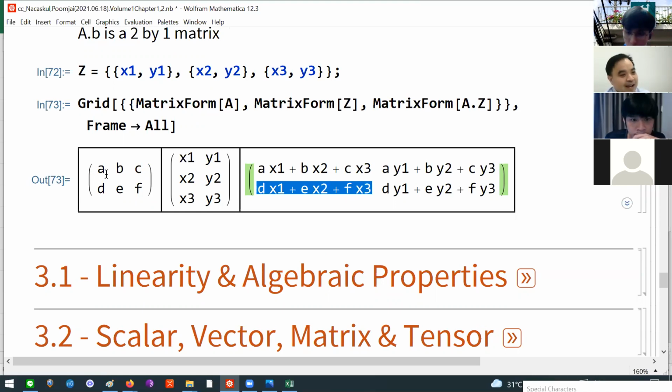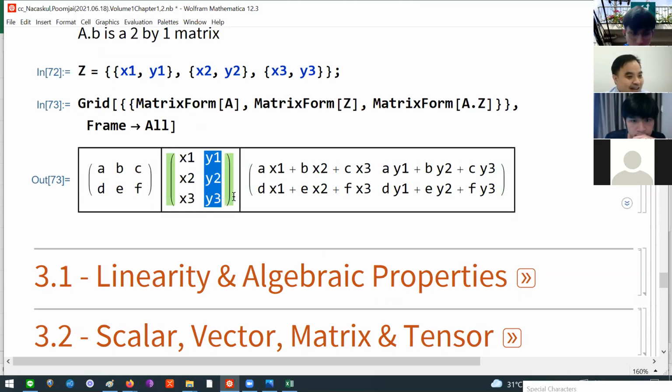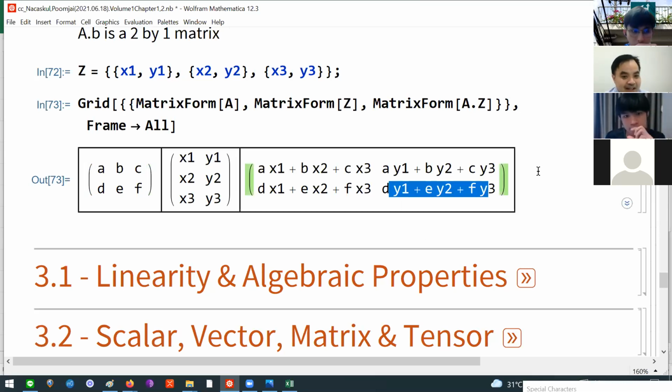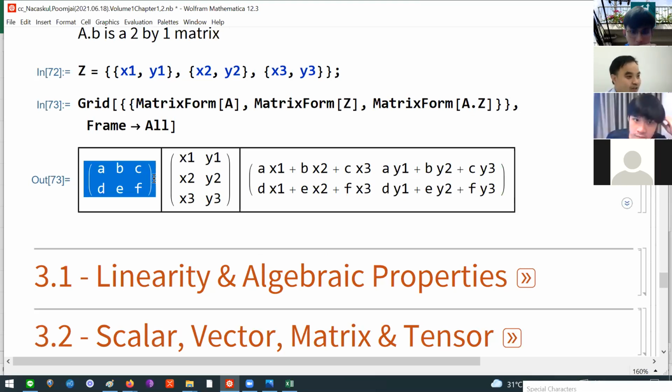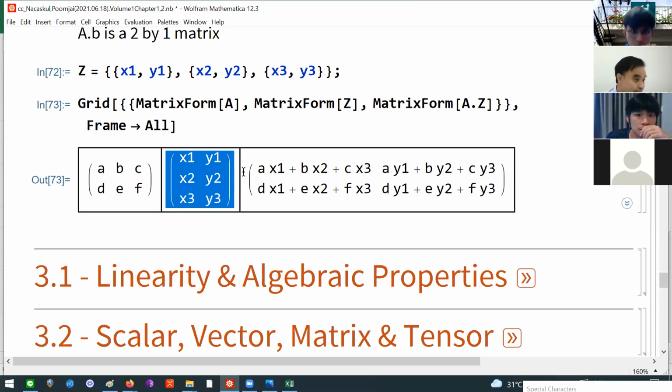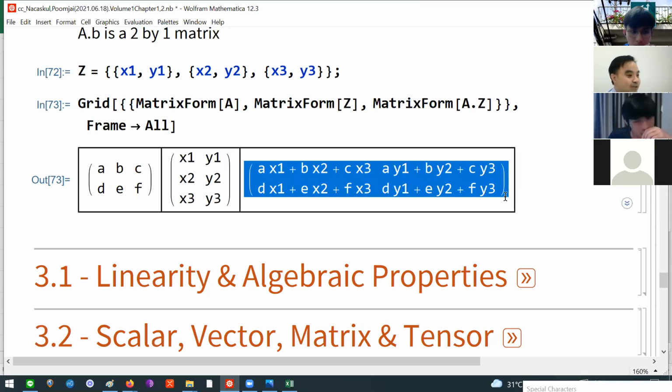And then you go to the right. So this is kind of like a matching: top left, bottom left, top right, bottom right. Now guess what is the dimension of this? This is 2 by 3, 2 rows, 3 columns. This is 3 by 2, 3 rows, 2 columns. You end up with a 2 by 2.